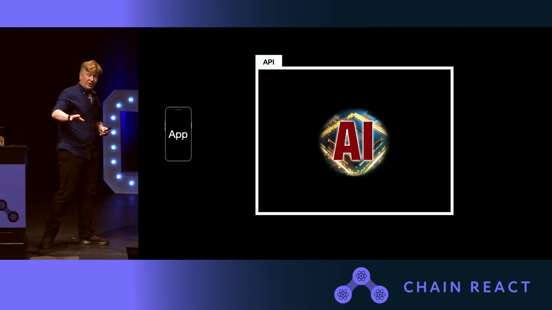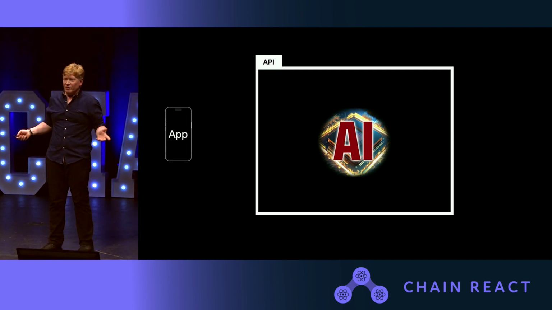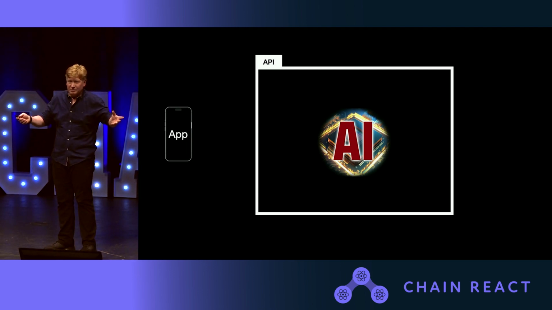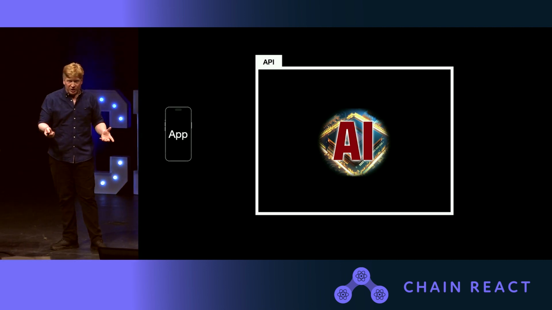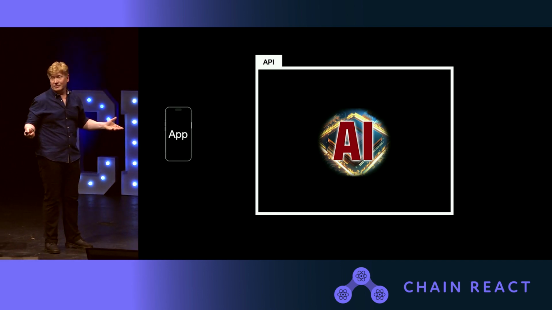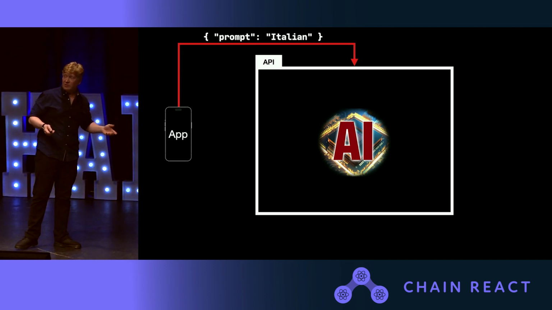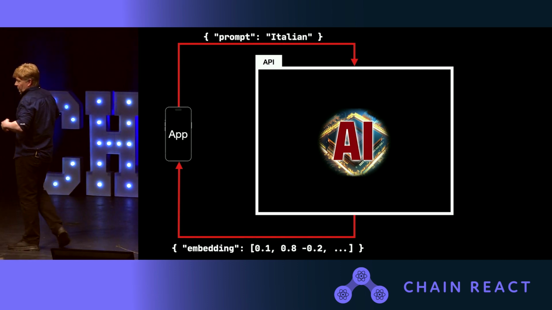And this is where I think you're really going to benefit from this talk, because how many folks have actually interfaced with an AI? Cool, awesome. Generally speaking, if you're an app developer or a web developer, you're using an API, right? You give that API some JSON, in this case a prompt, Italian, and you get back some JSON, the numbers.